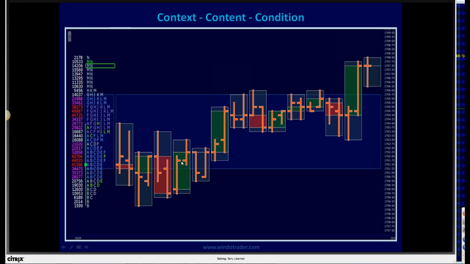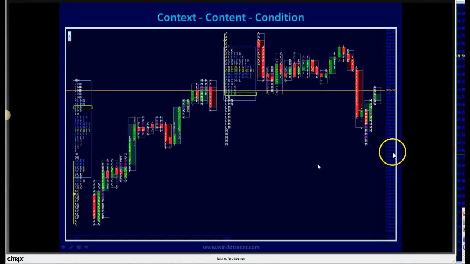We see exhaustion on the low. We also can look at the shape of the profile that we left right here, excess or a tail, and you couple that with the 30-minute time frame and the 15s inside of it. This gives you context, content, and the condition of the market with an attempted direction higher.